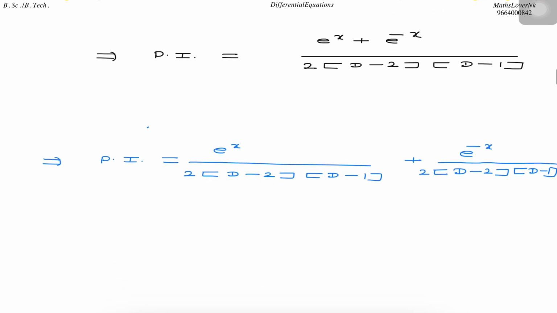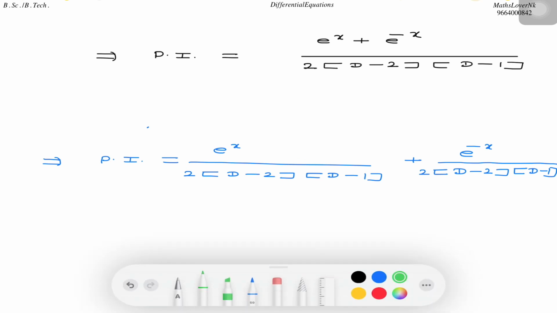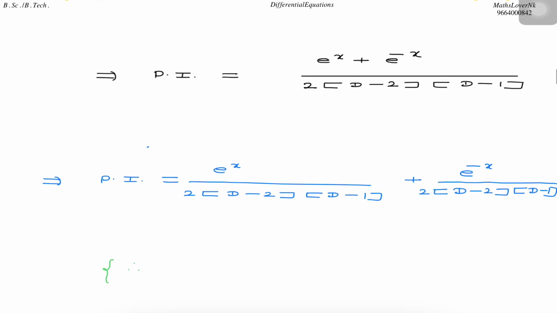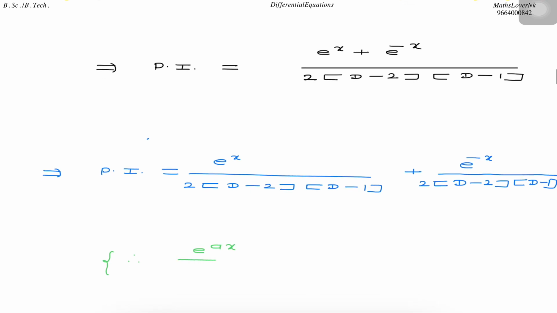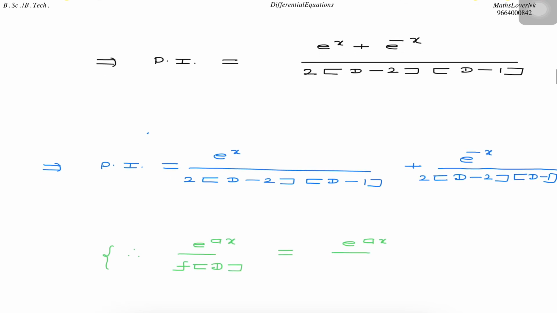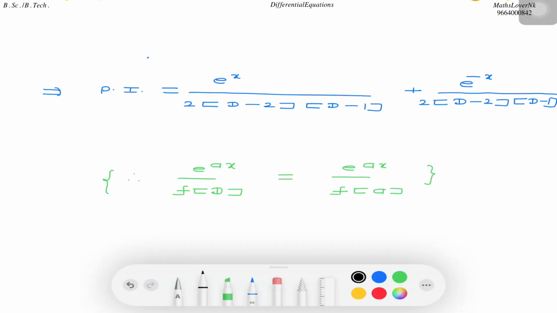Now apply the identity of e to the power ax, that says that if e to the power ax is given in the numerator and a function of D, f(D), is given in the denominator, then we can write e to the power ax upon f(a), but f(a) is not equal to 0, because if f(a) is equal to 0, it becomes an infinite, indeterminate form.